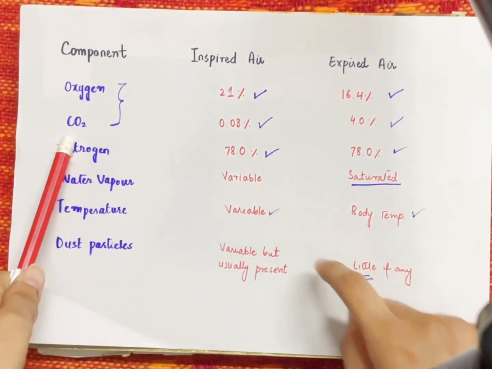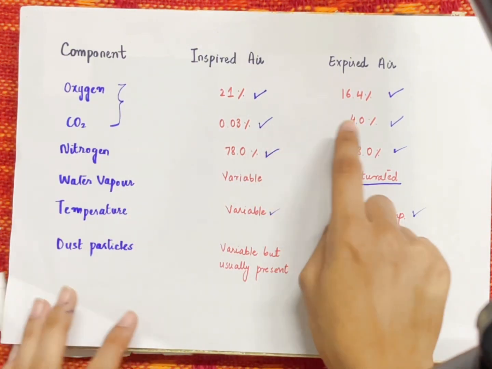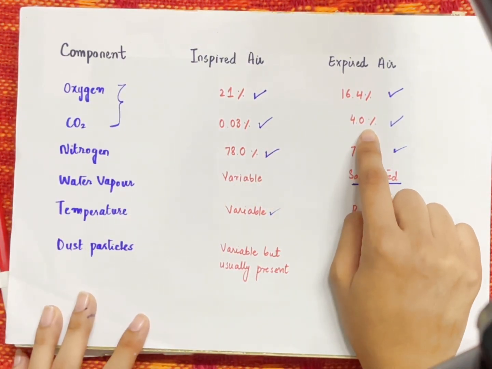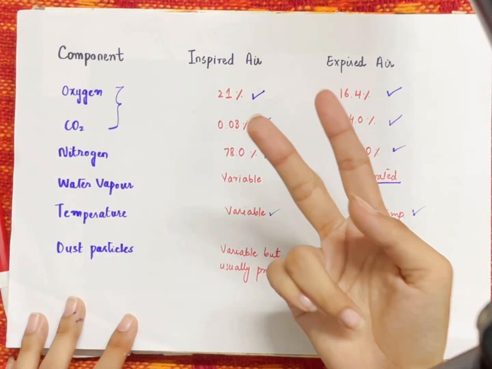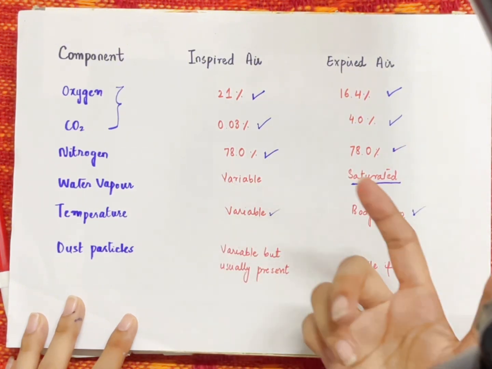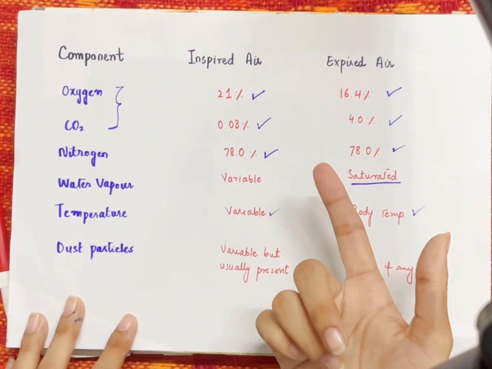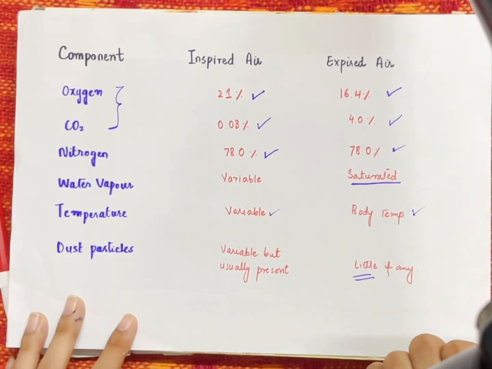Carbon dioxide is much less than oxygen in inspired air, almost 0.03%, and in expired air it is 4%. The rest are the minor gaseous components: nitrogen, water vapor, temperature, and dust particles. The water vapor and the temperature are variable, depending upon the atmosphere the person is living in, the environment, and the kind of organism.